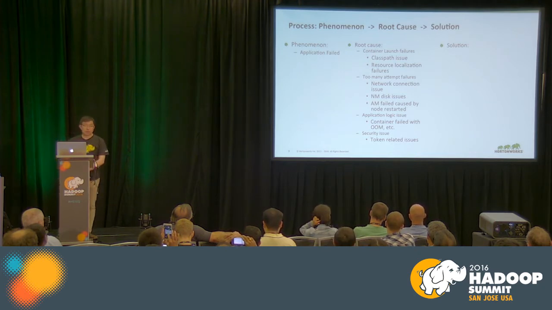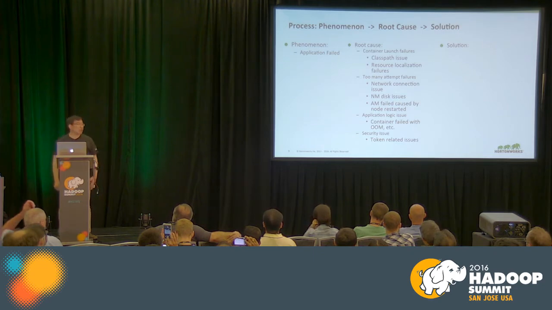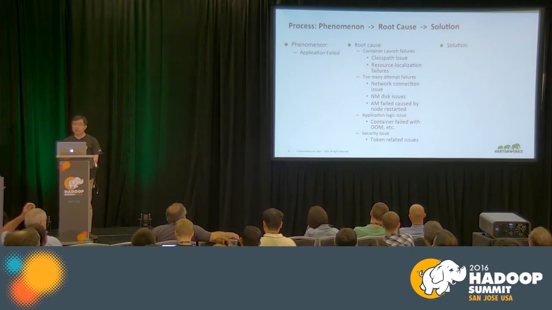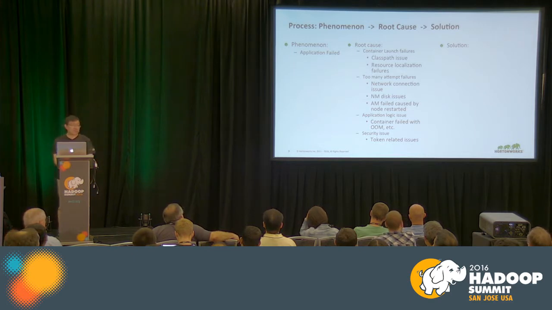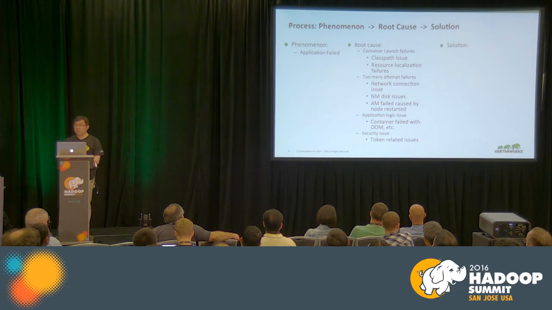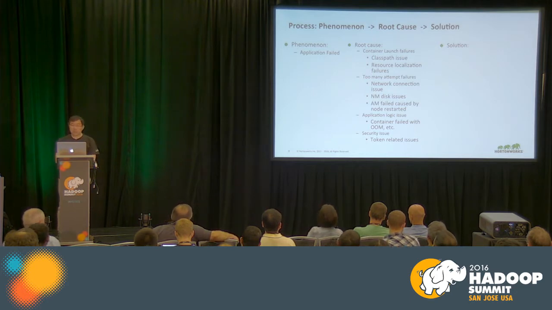Or it can be too many attempt failures because of networking connection issues, or node manager disk issues, or the whole node manager just rebooted for some reason. Sometimes the root cause is in the application itself, like a container failing out of memory because the task logic allocates more memory than required. Also, some security issues could be there.